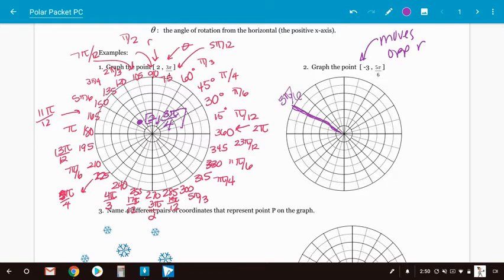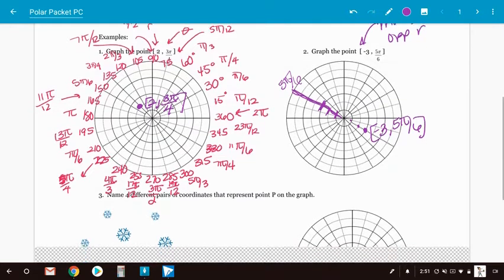But instead of counting 1, 2, 3 this way on 5π over 6, I'm going to count the opposite way. 1, 2, right here. This point here is (-3, 5π/6). The goal first is to find the angle, then you move backwards to find it. Negative means go the opposite direction.